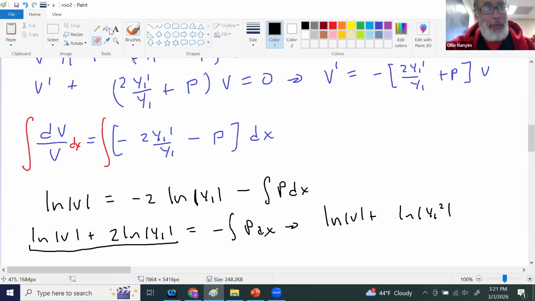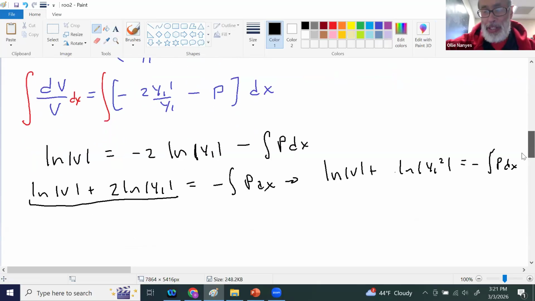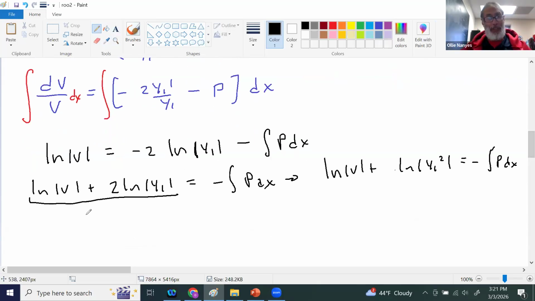Then we can use the log addition formula. Now the log of a plus log of b is the log of a times b, provided everything in sight is positive, and here this is the case. So we get now this.